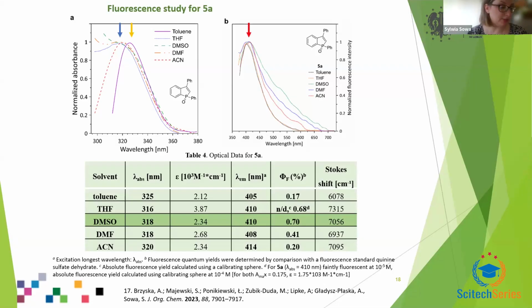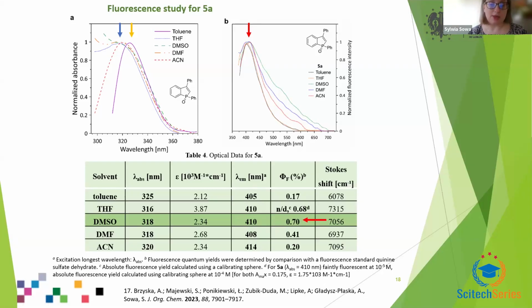The emissive properties of 3-phenyl benzophosphole oxide 5A do not exhibit strong solvent dependence, so we can see very similar emission band values, as well as similar, not very growing, values of Stokes shifts.